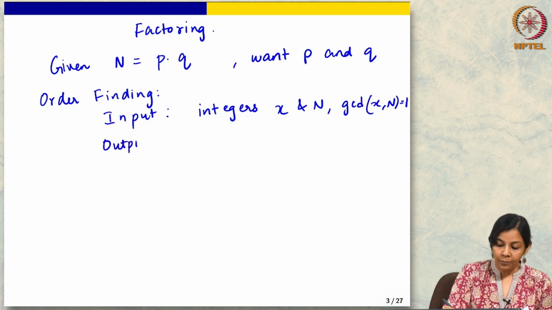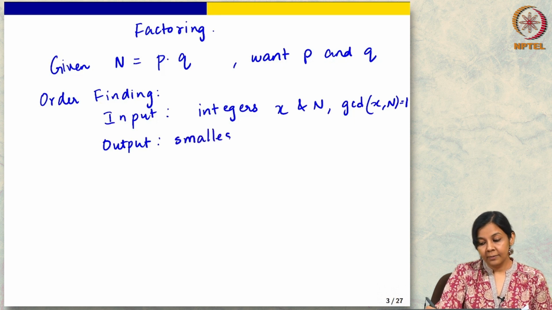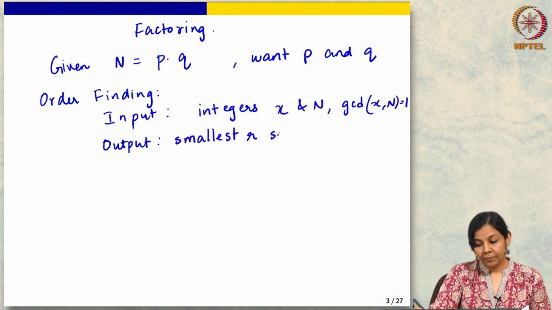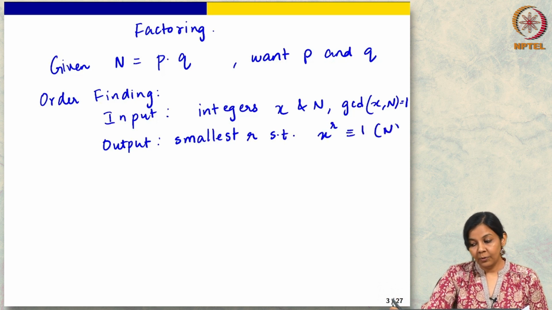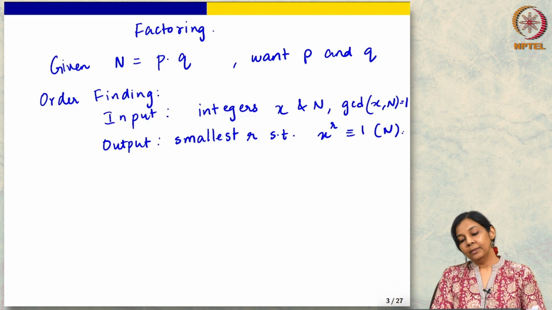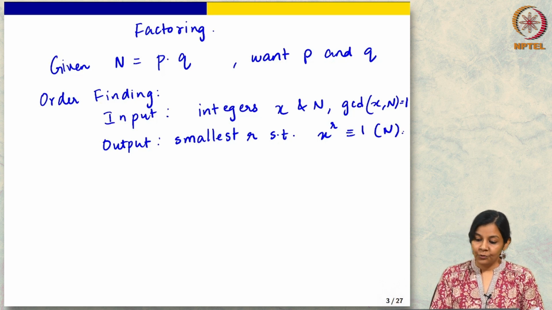And the output is the smallest r such that x to the r is congruent to 1 mod n. So, this is as the name suggests. You're given some input and you want to find its order in the group.